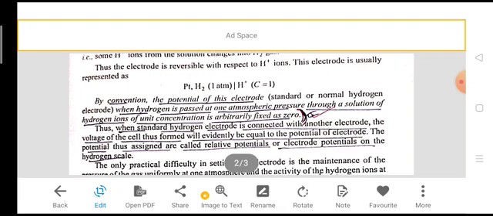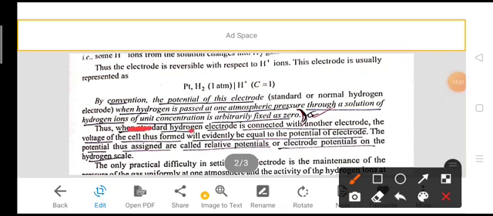The potentials thus assigned are called relative potentials or electrode potentials on the hydrogen scale.